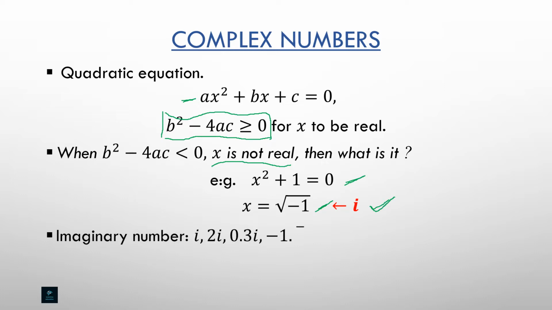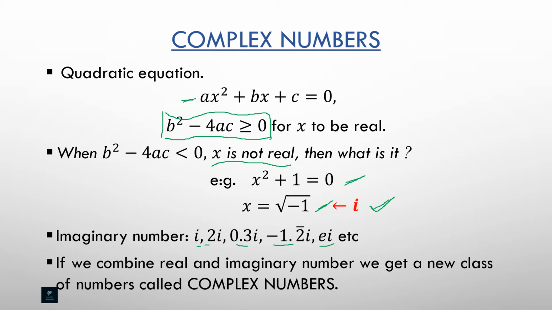An imaginary number will be a multiple of i, such as i, 2i, 0.3i, minus 1.2i, e times i, etc. If we combine real and imaginary numbers, we get a new class of numbers called complex numbers. So a complex number is a combination of a real number and an imaginary number.